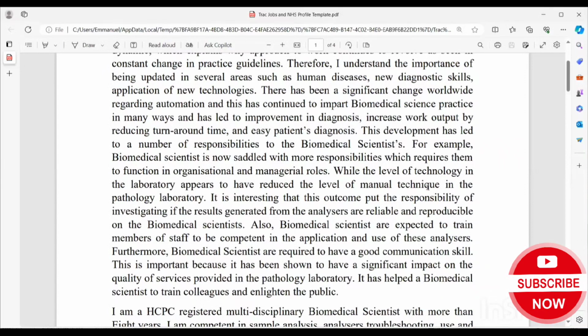While the level of technology in the laboratory appears to have reduced the level of manual techniques, because that means you know that automation has reduced it. You can say it is interesting that this outcome puts the responsibility of investigating if the results generated from the analyzer are reliable and reproducible on the biomedical scientist.